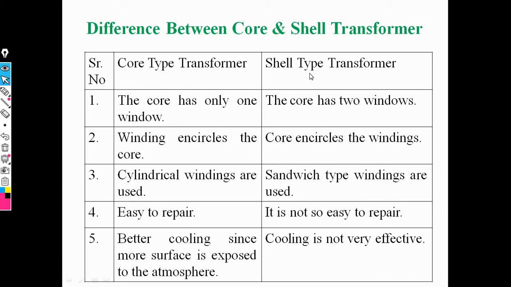That means temperature in the shell type transformer is not easy to control. In the core type transformer, temperature is easy to control with the help of a better cooling medium, but in the shell type transformer the cooling medium is not effective. This is the difference between core type and shell type transformer.